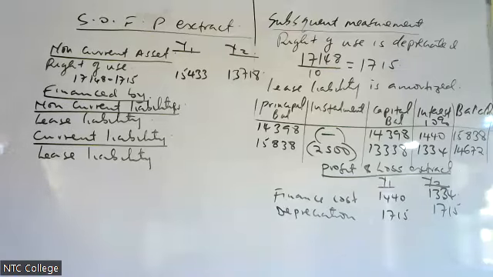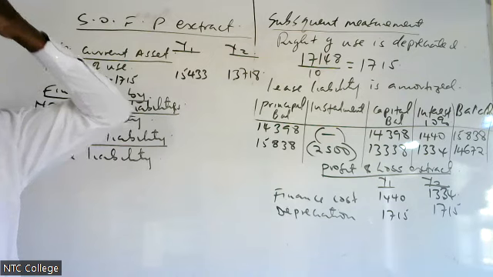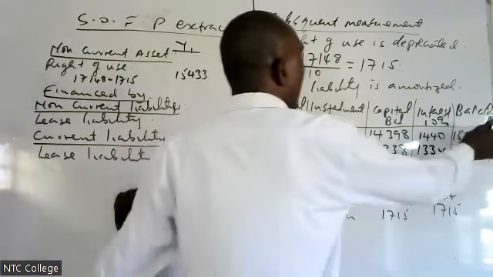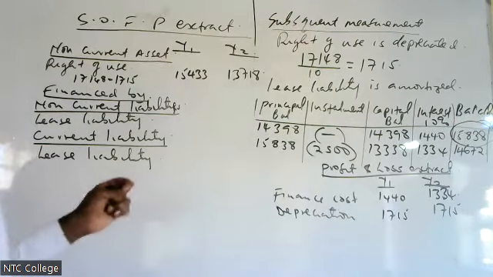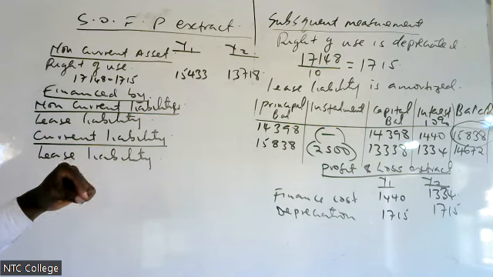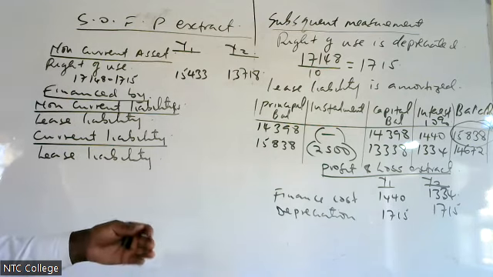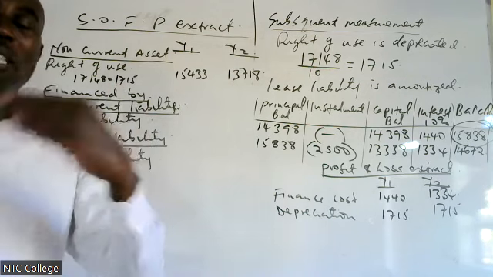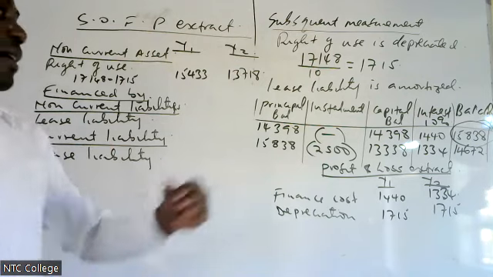Now, remember, when examiner asks you when payment is made in advance, whatever you have at the end of the year, like this one, year 1, I will take 15,838, but I less the installment. Why should you less installment immediately?